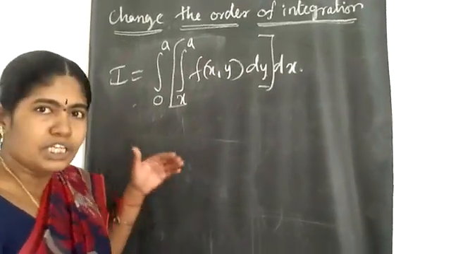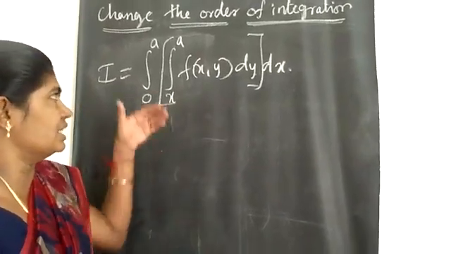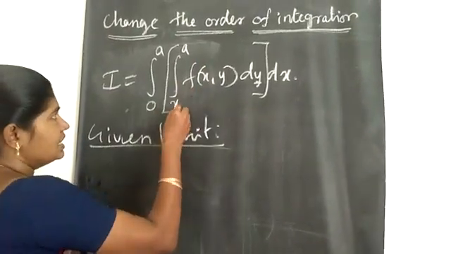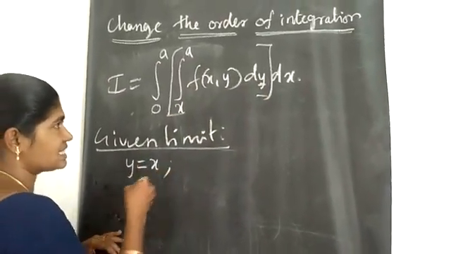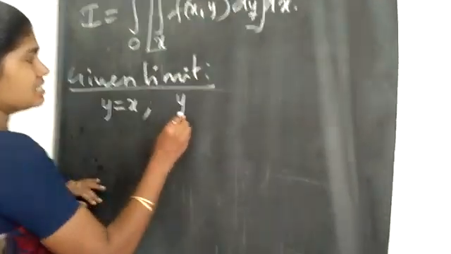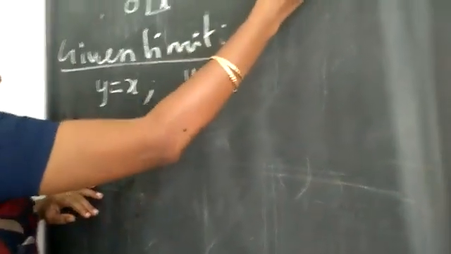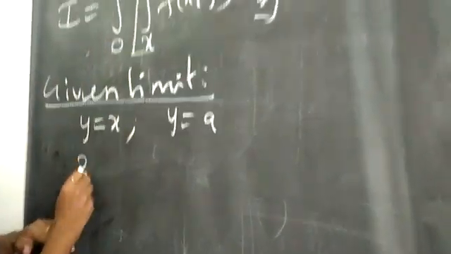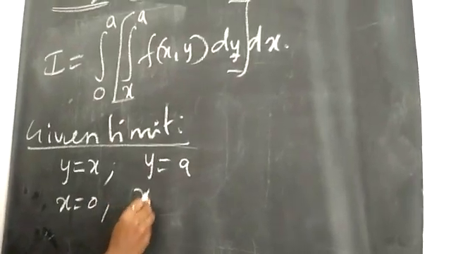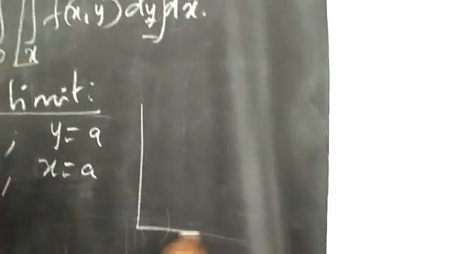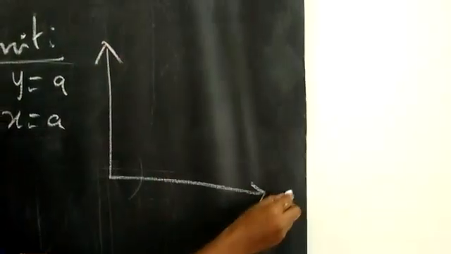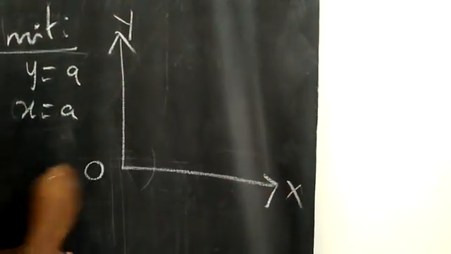So we need to draw the diagram for the given limits. The first limit is the y limit. Y's lower limit is y equals x, and y's upper limit is y equals a. Similarly, x's lower limit is 0 and x's upper limit is a. For these limits, we consider a diagram: x axis, y axis, and this is the origin.